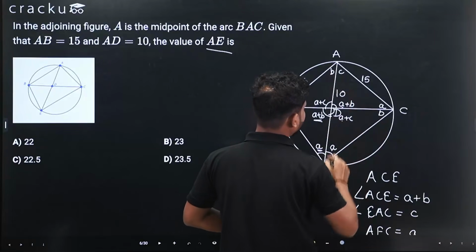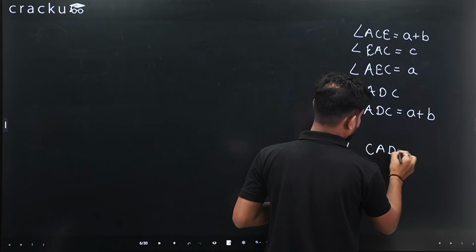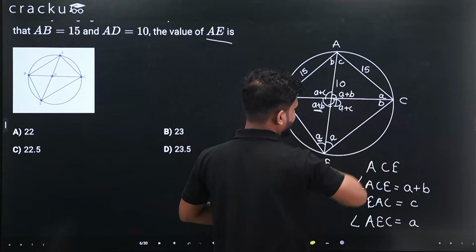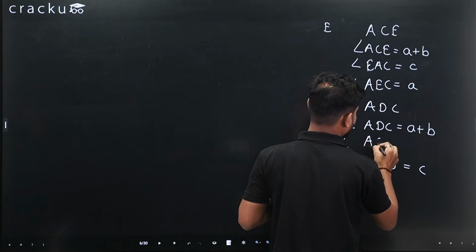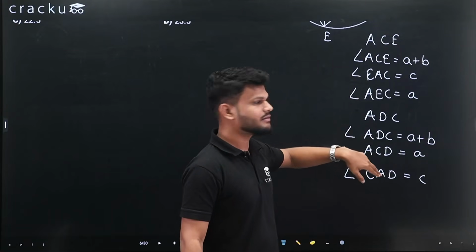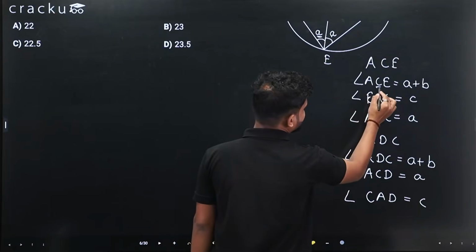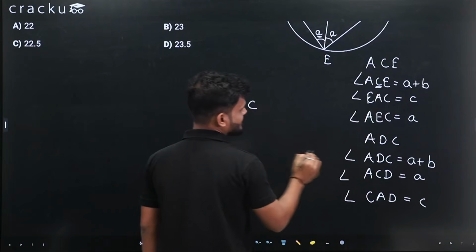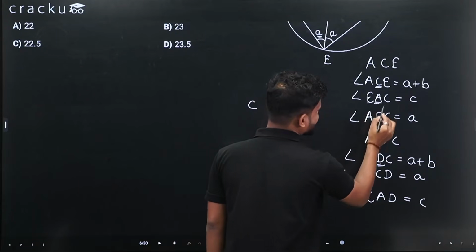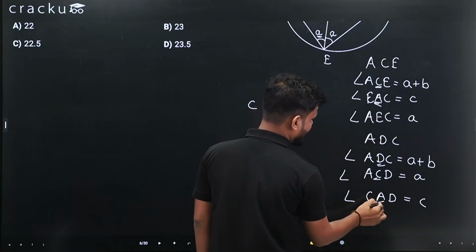Angle CAD is C. And angle ACD is A. So in both of these, we can find that all angles are equal. So here C is equal to here C, here A is equal to here A, and the remaining one, here it is E, here it is D.